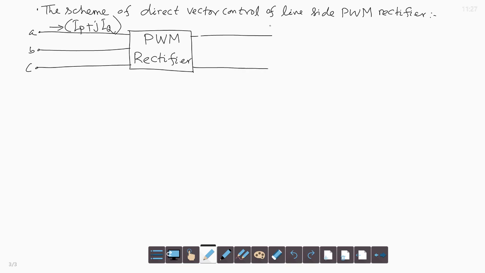And PWM rectifier is supplying power to PWM inverter, which is feeding the motor.